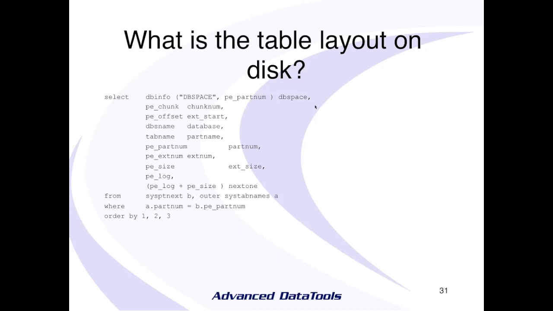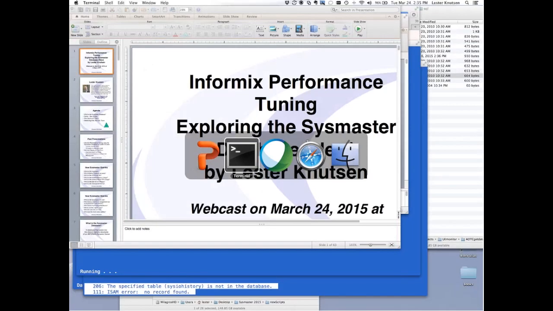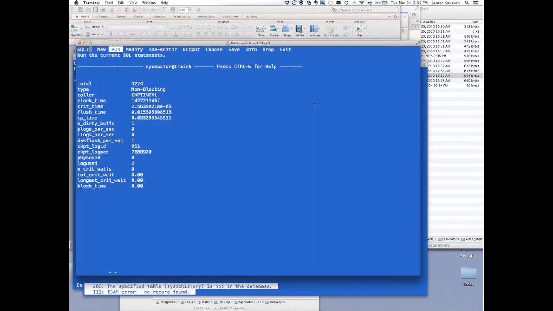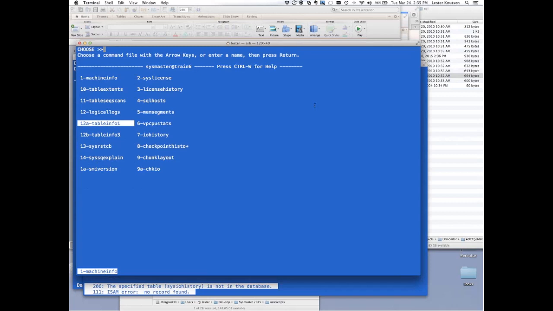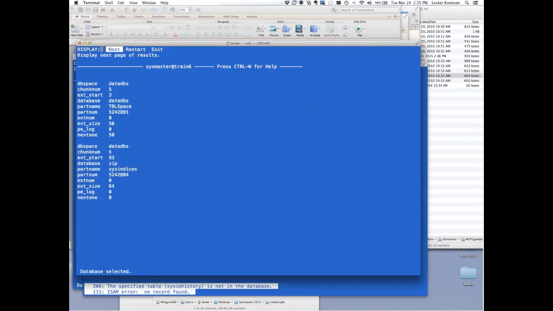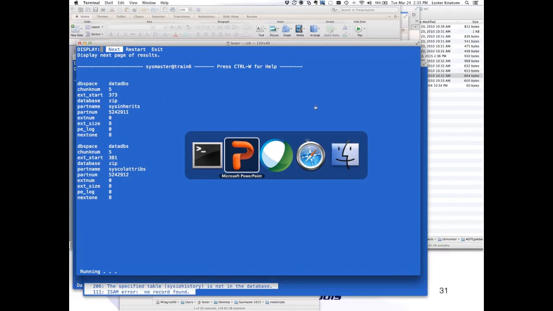And then you don't have to deal with Informix wrapping the screens. So as an example, if I come over here and take the chunk layout one, it's telling you where my tables are on the data DBS screen.